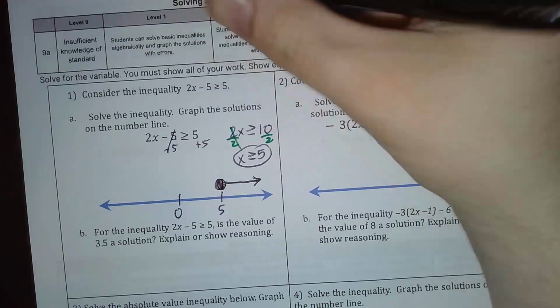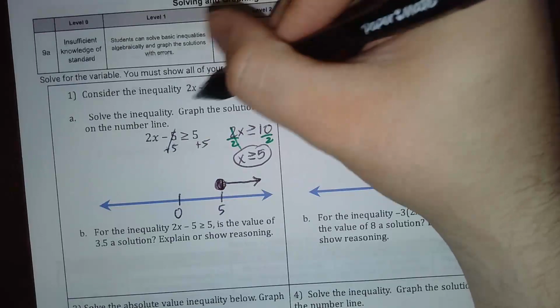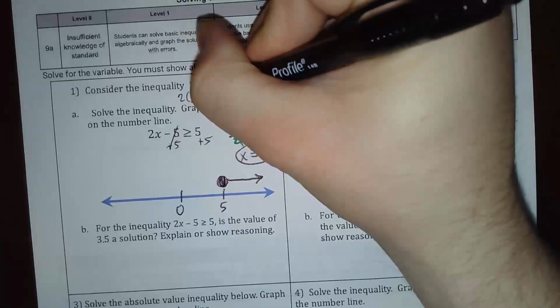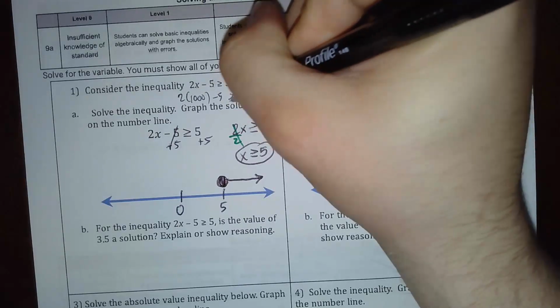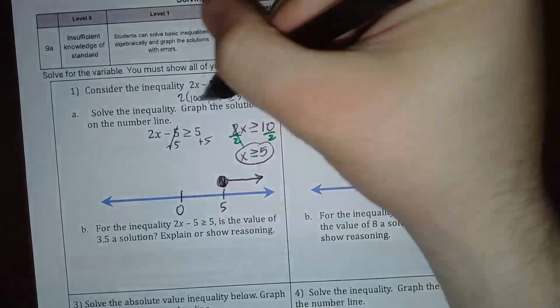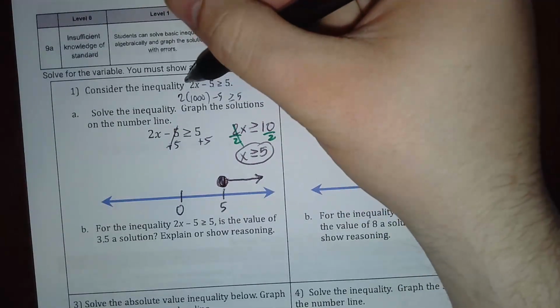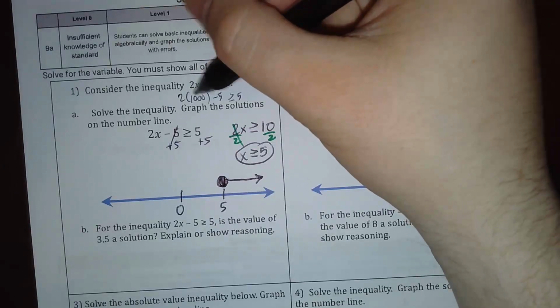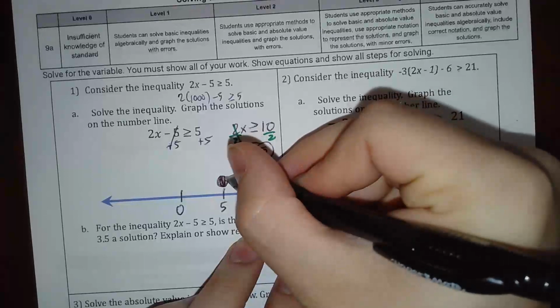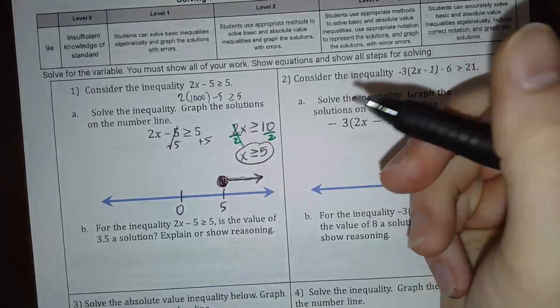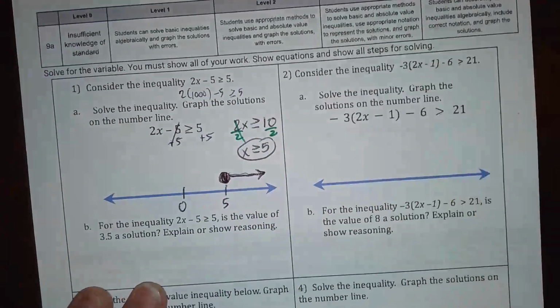If you substituted the number 1,000 into this equation, would 1,000 be a solution? Absolutely. 1,000 is way greater than 5. So we're going to definitely include those numbers to the right of 5.